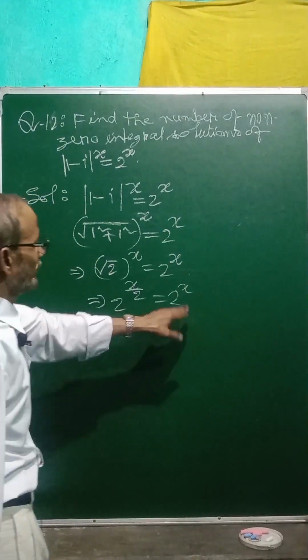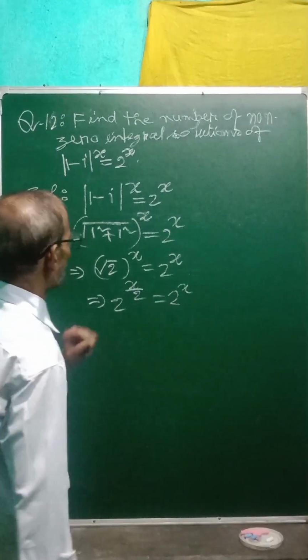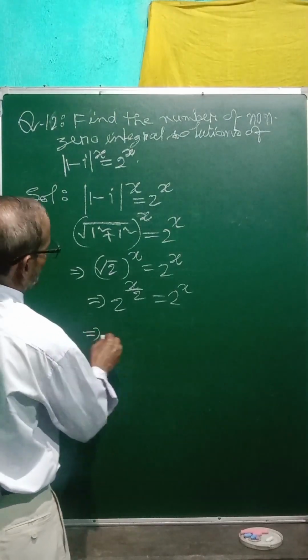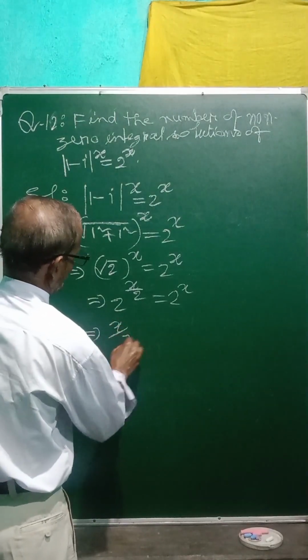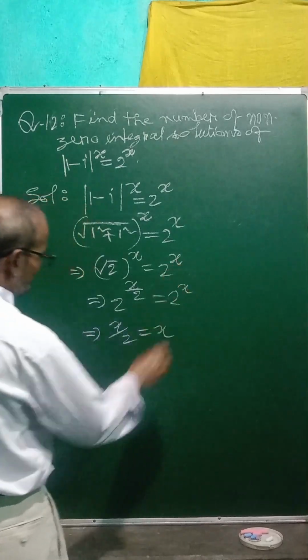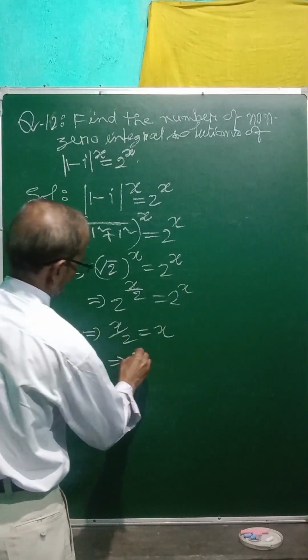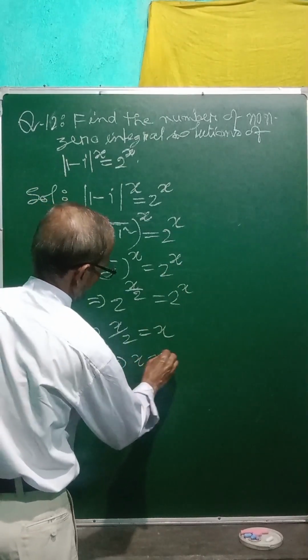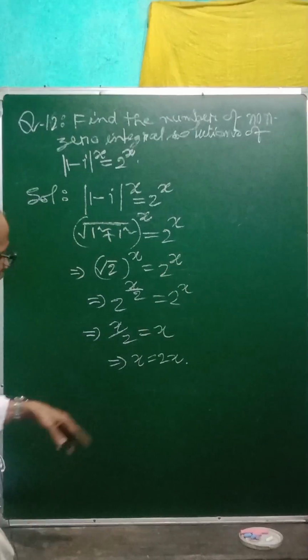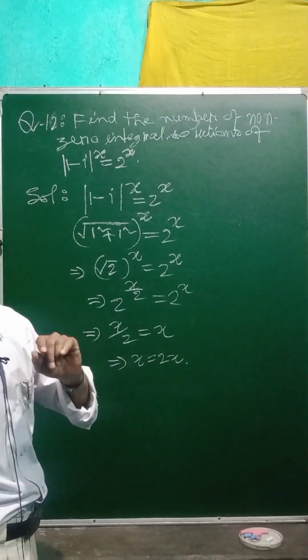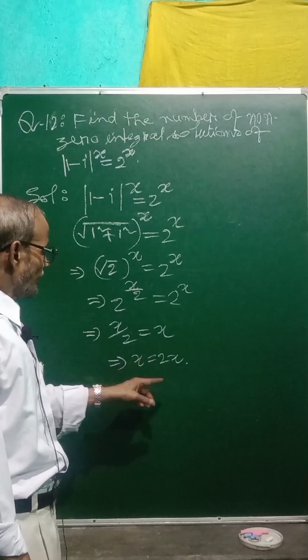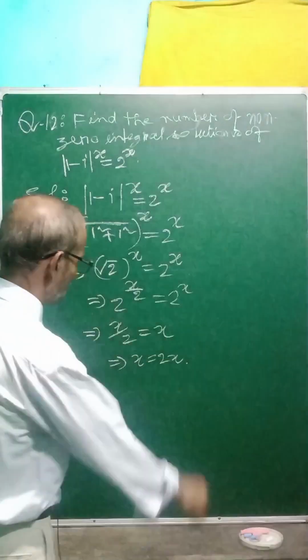Now bases are equal on the right and left, 2. That's why x/2 equal to x. This implies x is equal to 2x. But x is equal to 2x cannot be possible. It is only possible at x is equal to 0.